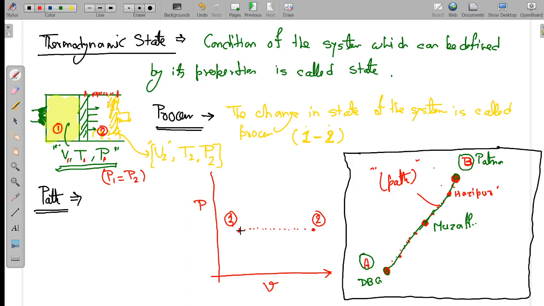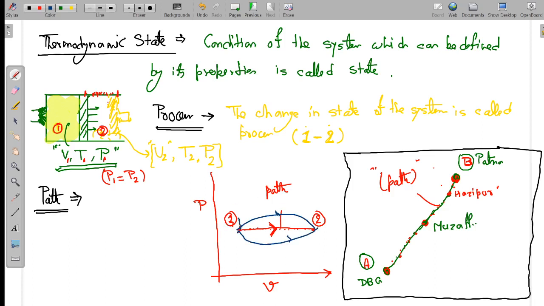So this series of states is called a path, from 1 to 2. You can easily see that there can be a number of paths to reach from state 1 to 2.